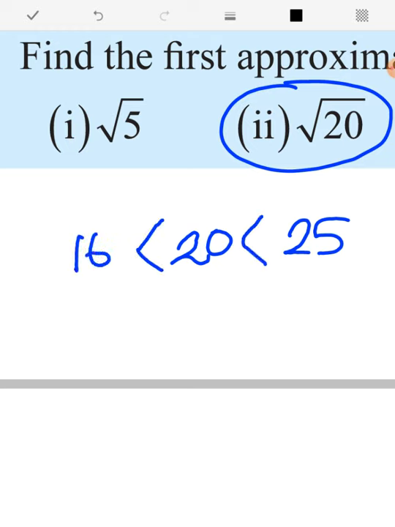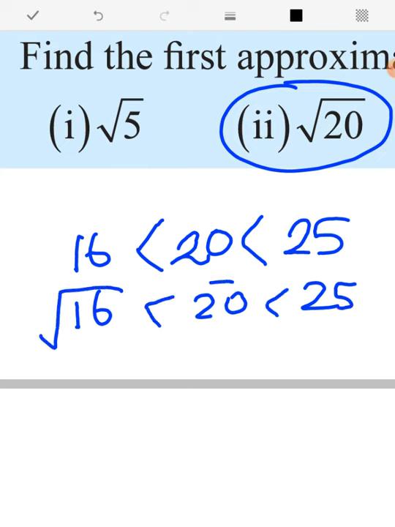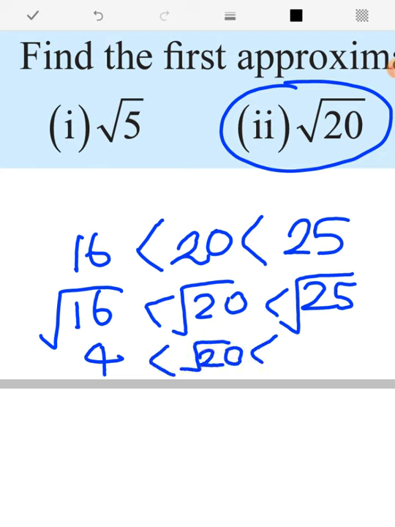So rewrite this: 16, 20, 25. Square root of each: this is equal to 4, this we don't know, we have to find it, and this is equal to 5. So the square root of 20 is in between 4 and 5.